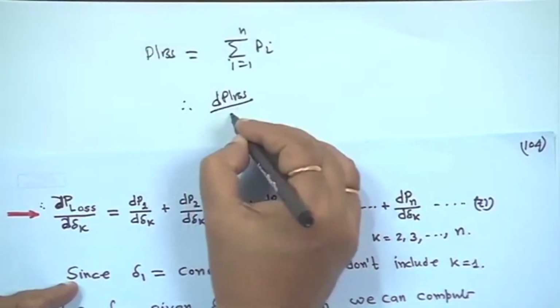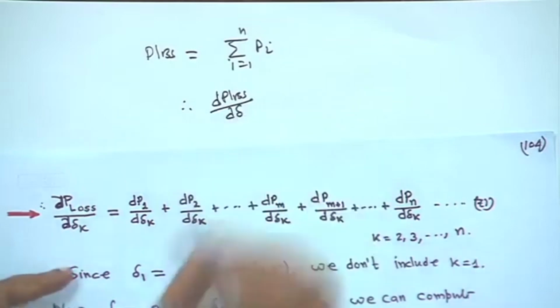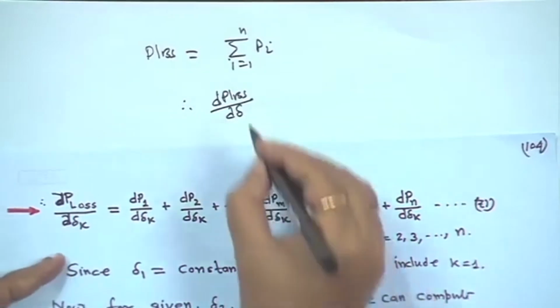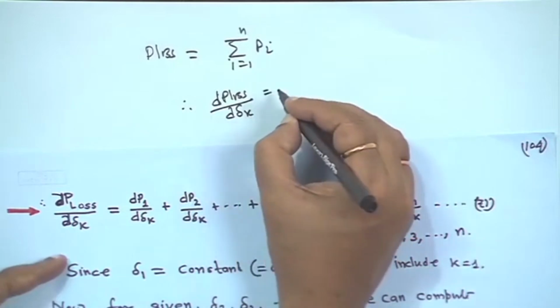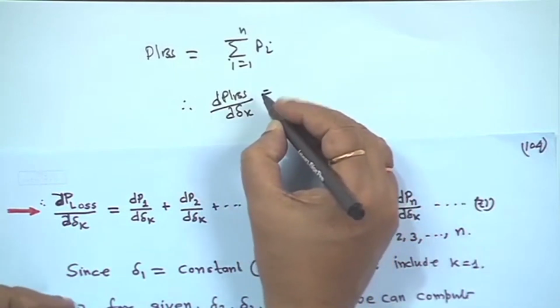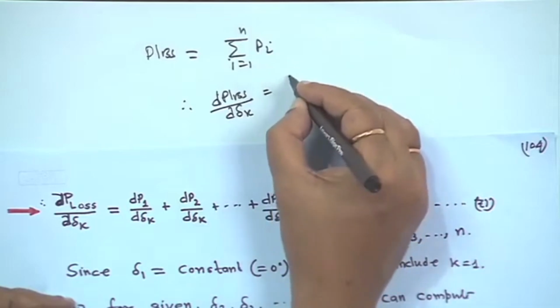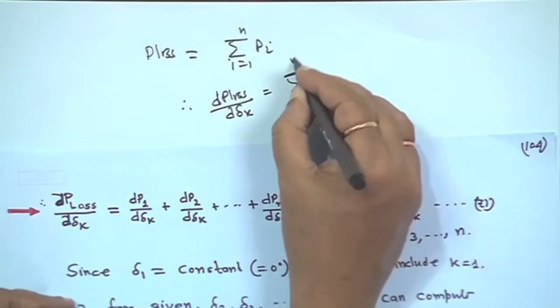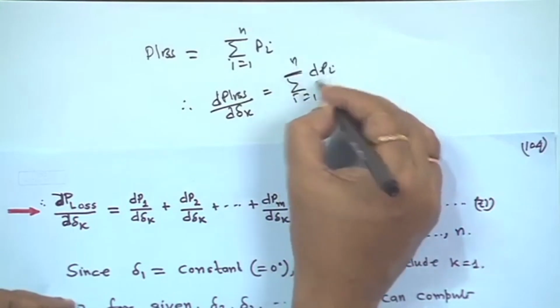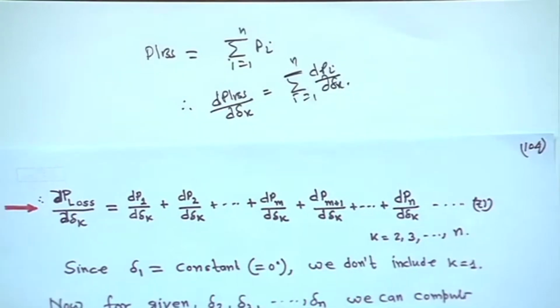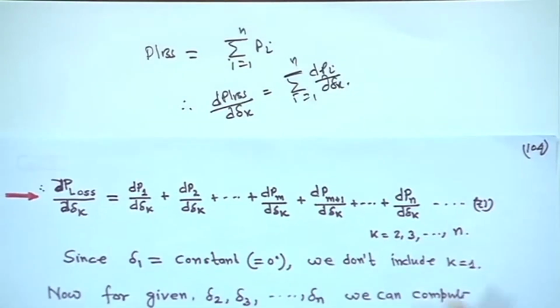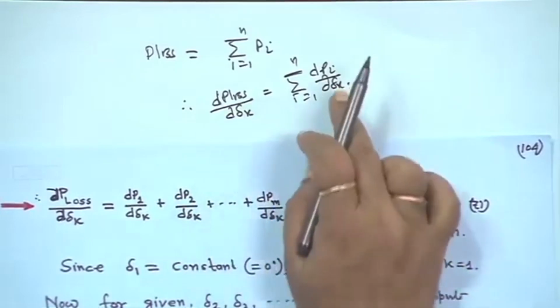If we put d delta k in general, then this equation can be written as the sum from i equal to 1 to n of dP i by d delta k, for k equal to 2, 3, up to n. This way it can be written.